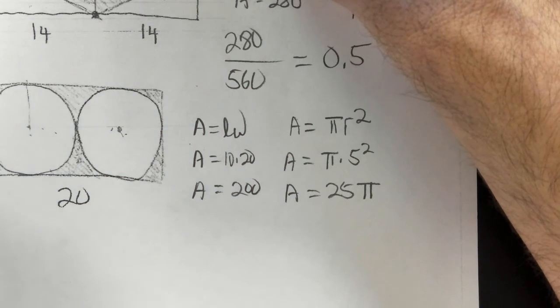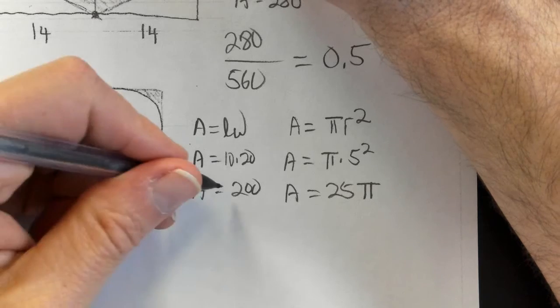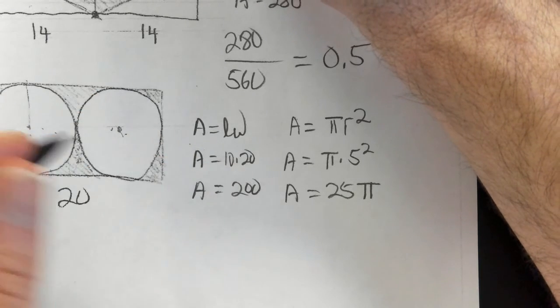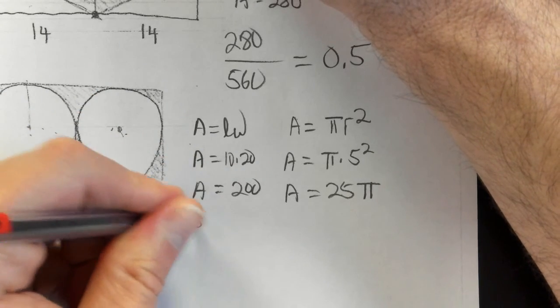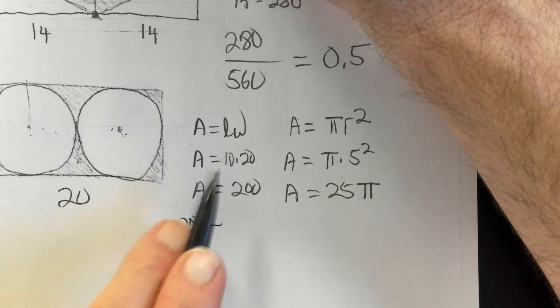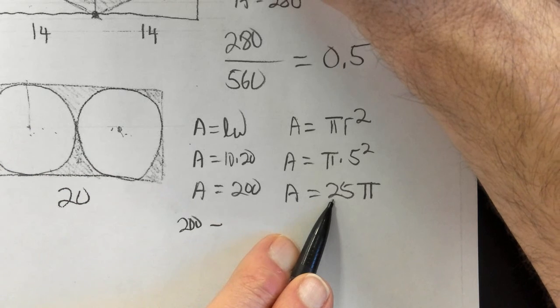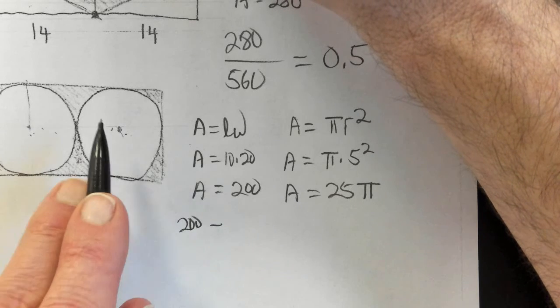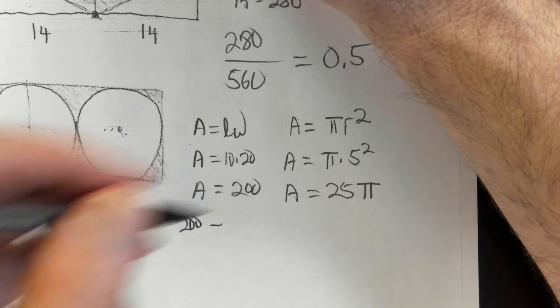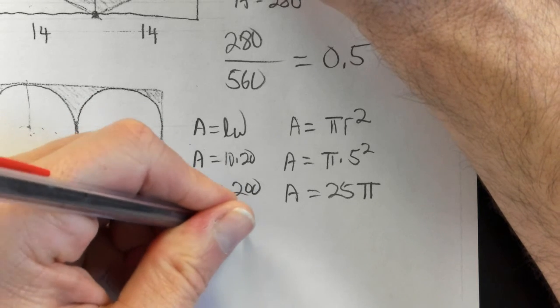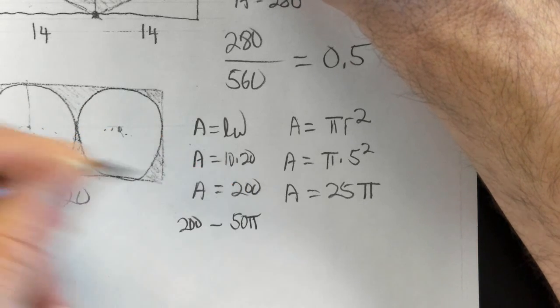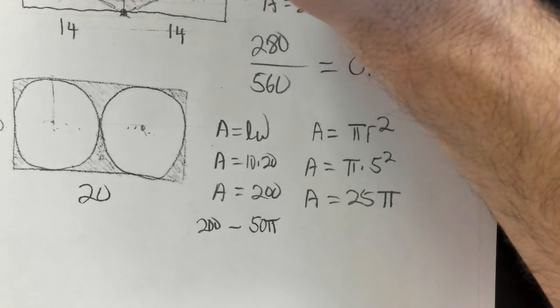Now remember, I'm trying to find the area of the shaded region, so I need to find the area of the whole thing minus the empty space. Well, the whole thing is 200. Now the empty space would be taking out both of these circles. Remember, here I just found the area of one of them. So if one of them is 25 pi, both of them together would be 50 pi, double that amount. So there's the area of the shaded region.